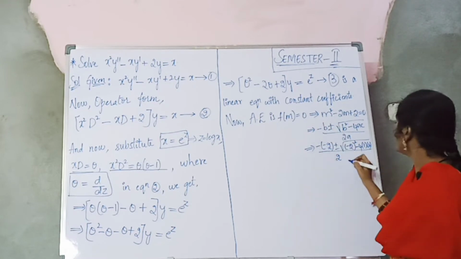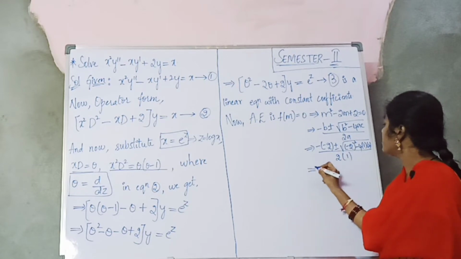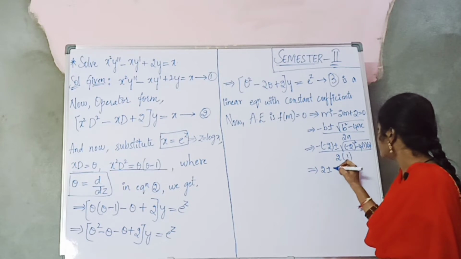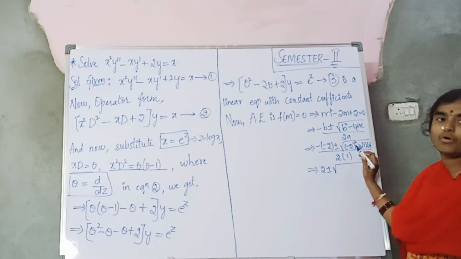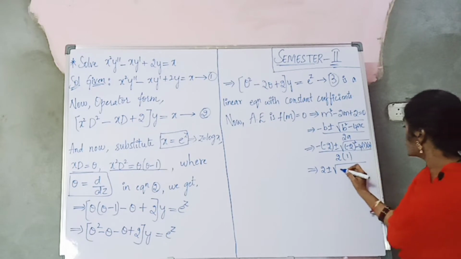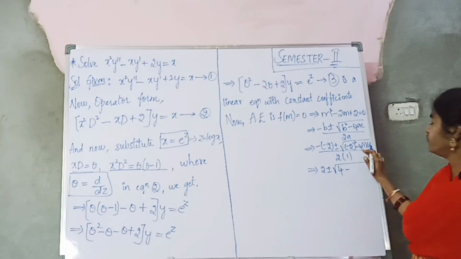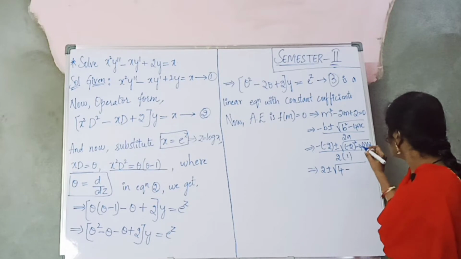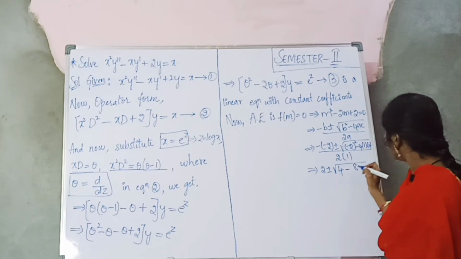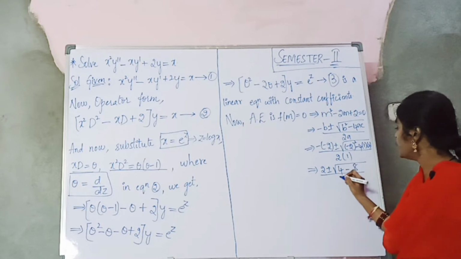by 2 into what is a? What is the value of a? 1. So that implies here minus into minus plus 2 plus or minus under root of minus 2 whole square means 4, minus 4 into 1 into 2 means 8, by 2 into 1, 2.